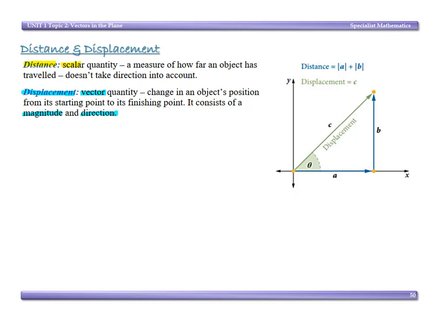So I'm going 3 kilometres in one direction, coming back in the opposite direction. So 3 take 3 is 0.